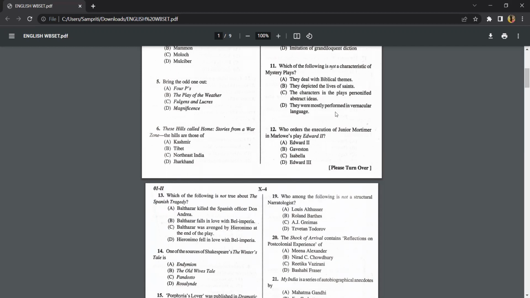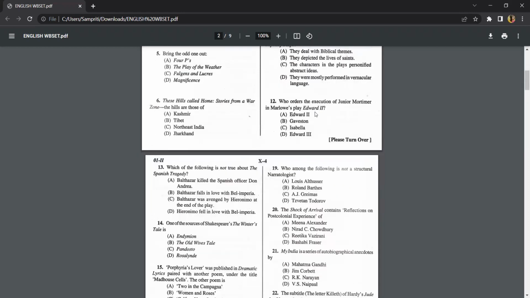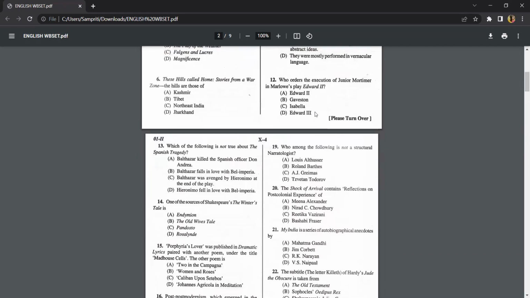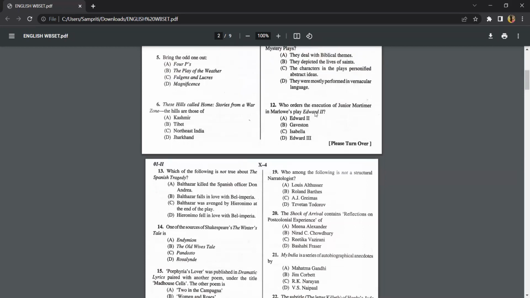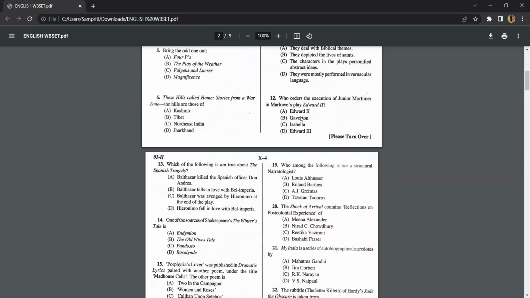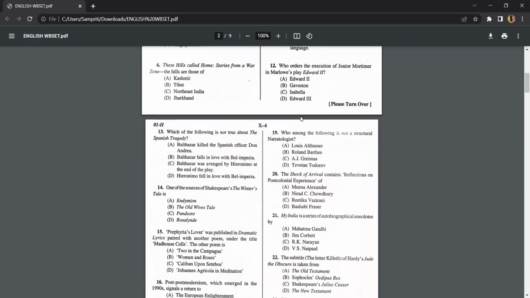They were mostly performed in not vernacular language. No, they were mostly written in Latin, and it was restricted to the church people, the priests. So it was not for the common people. It was not performed in the vernacular language. It's not accessible to common people.